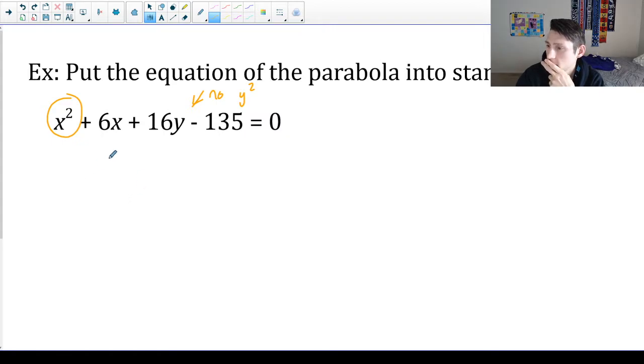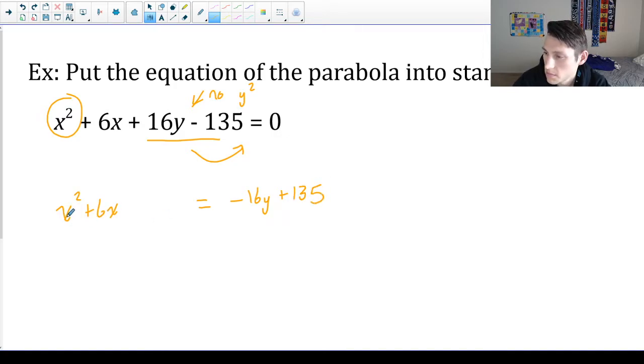The first thing I'm going to do is take this stuff and move it over. Leave myself some space. So minus 16y plus 135. Now, I left myself some space because, you guessed it, we're going to complete the square.